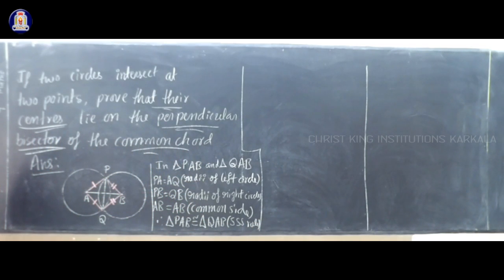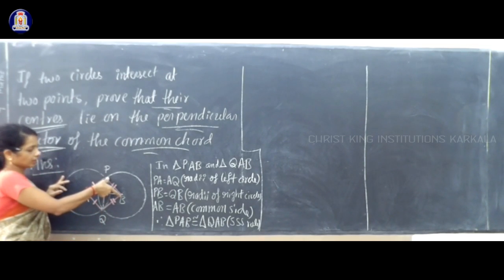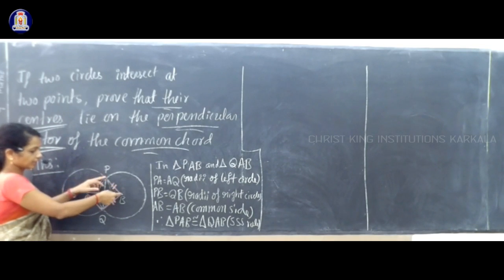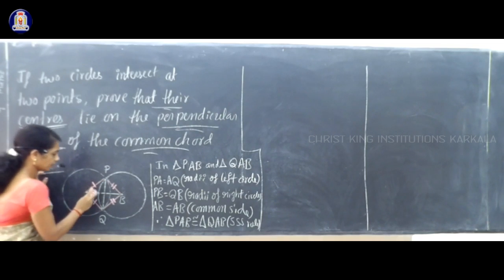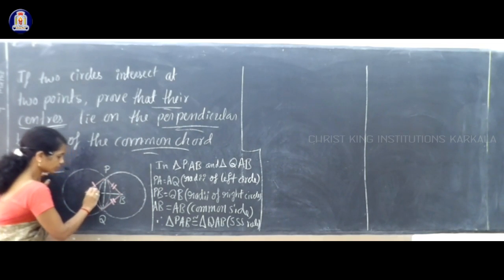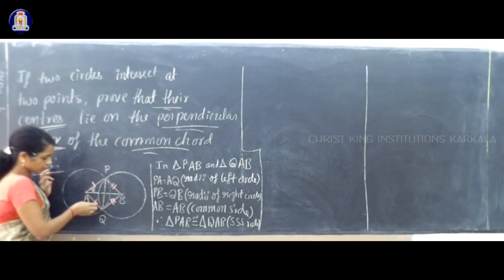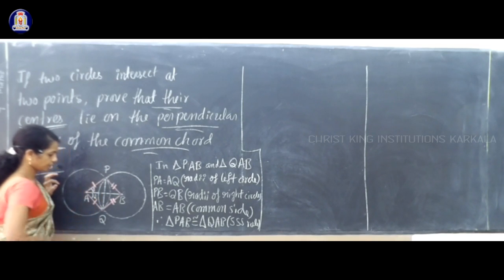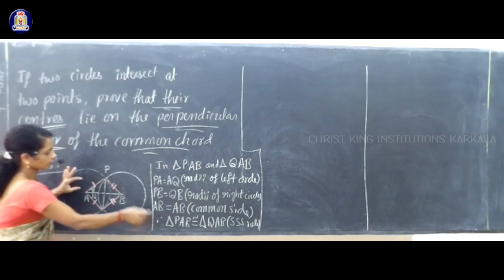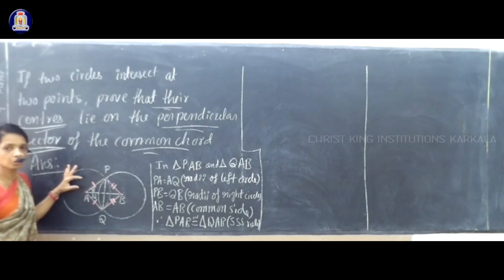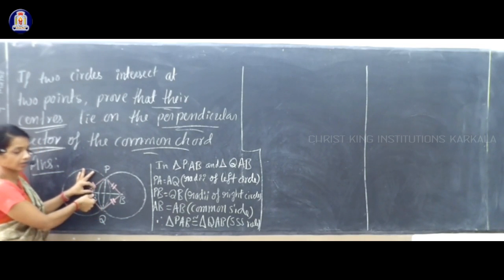Once the triangles are congruent, the angles opposite to equal sides are equal. Now observe the two marked sides. If you look opposite PB, you get this upper angle A, which I take as angle 1. Opposite the other marked side, you get the lower angle A, which I take as angle 2. Angle 1 is equal to angle 2, because we just proved the upper triangle is congruent to the lower triangle, and angles opposite to equal sides are equal.